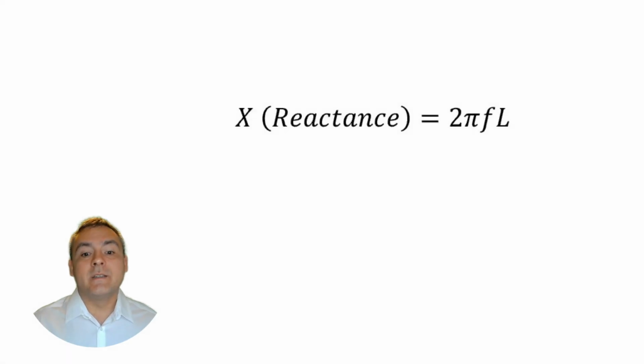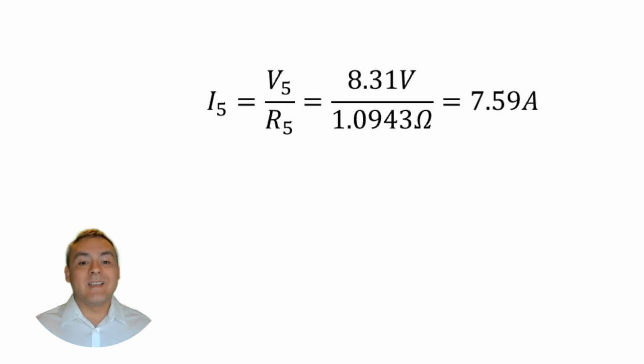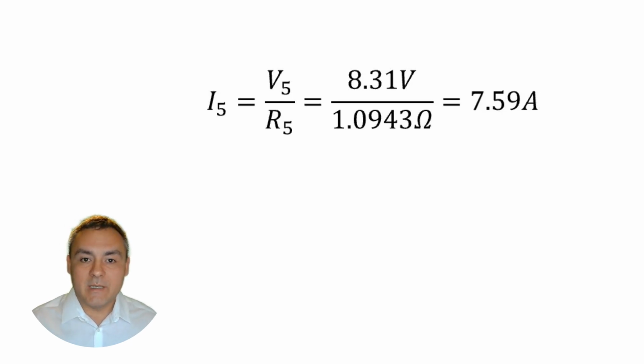Why is this? Inductance might be a fixed value, but reactance is not fixed. Reactance is 2 times pi times the frequency. Now, let's use Ohm's law to calculate our current for the fifth harmonic. 8.31 volts divided by 1.0943 ohms is 7.59 amps. I omitted some fancy math here again.